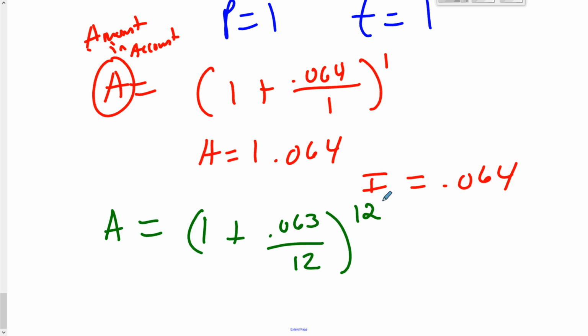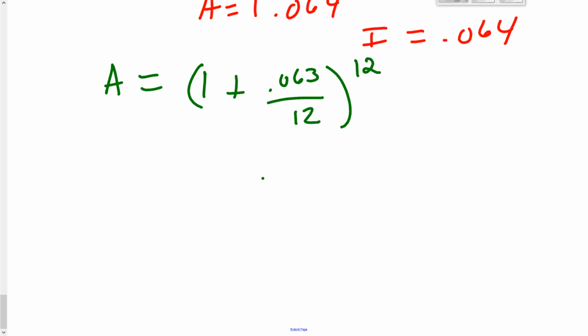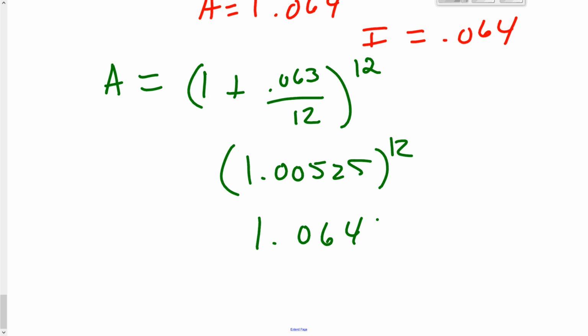You can divide 0.063 divided by 12, which is 0.00525. Can't round that, and then I want to add 1, so that's 1.00525 raised to the 12th. So I'm going to raise that to the 12th, and I'm going to get 1.06485 and 13, and it keeps on going.